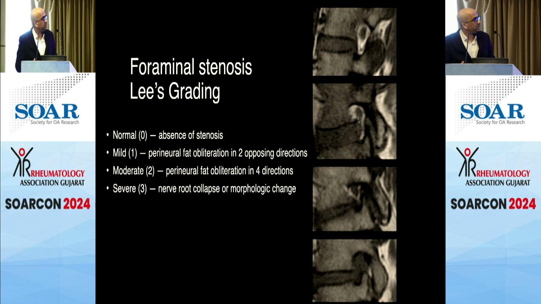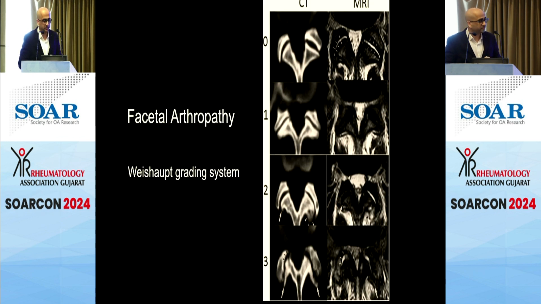With compression here, you can see that the fat is reduced in all four directions. The fat is reduced, but you can still see the nerve root here. And in this last stage of severe compression, you cannot distinguish anything. It looks totally gray. So this is a full severe compression of the nerve root in the foramen.